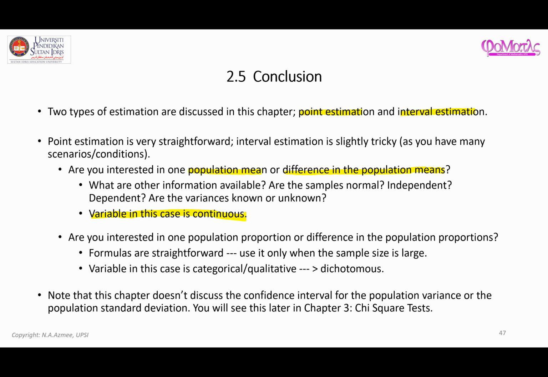So that is the link between what you are doing in this chapter and what you have seen in chapter 1. And if you are interested in the population proportion, or in the difference of the population proportions, then you are actually dealing with a categorical variable or qualitative variable, which can be reduced to being dichotomous. Dichotomous means you have two outcomes.